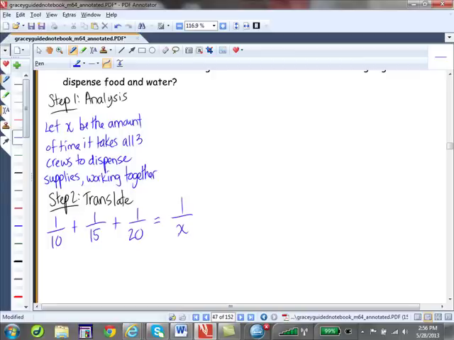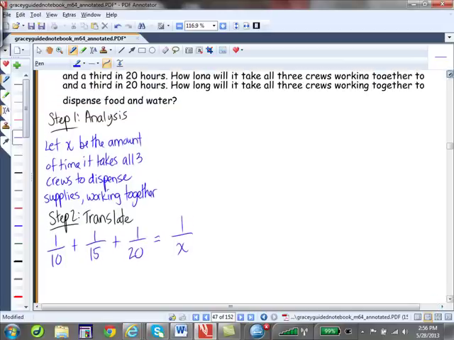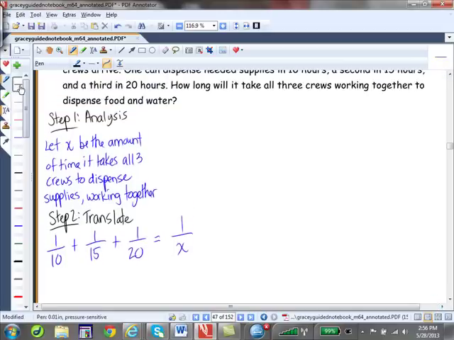All right. So the third step is to solve. So let's see what our restrictions are. Again, I believe x cannot equal 0.